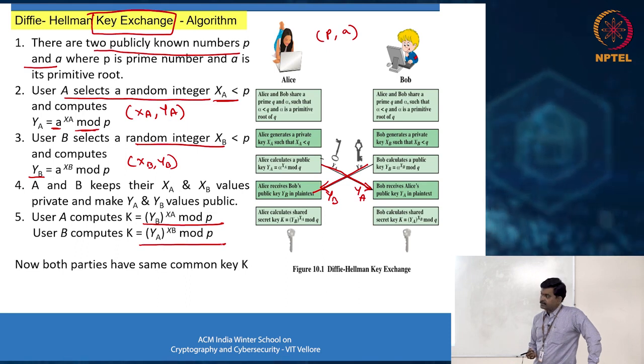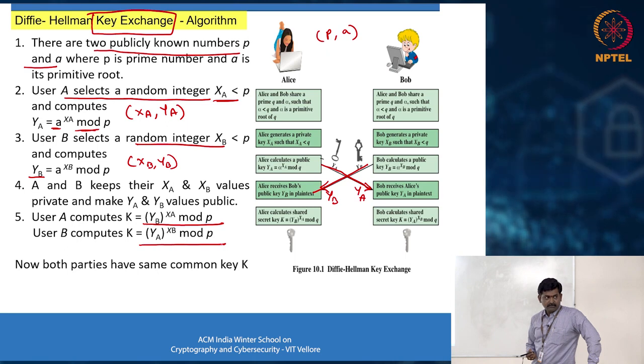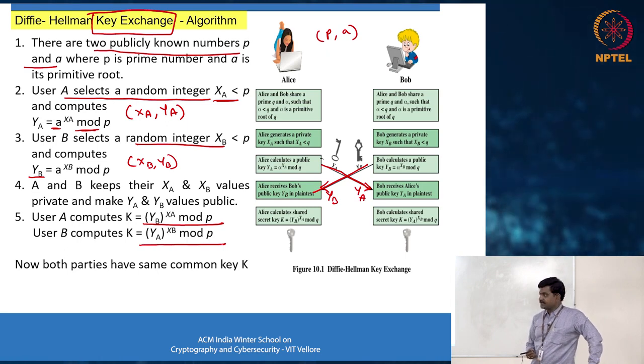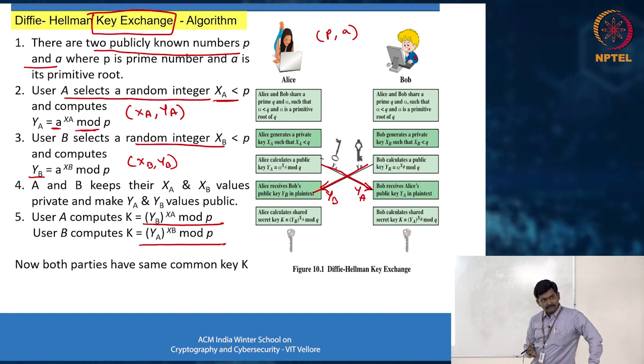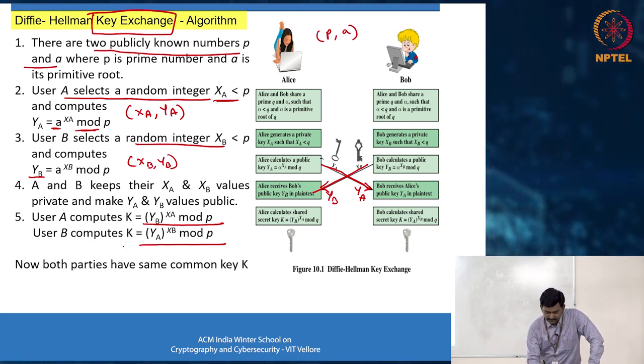Alice took the public key value of Bob, yb, to the power of the private key of Alice, mod p. Similarly, Bob took the public key of Alice to the power of the private key of Bob, mod p. Both values lead to the common value, which is K.